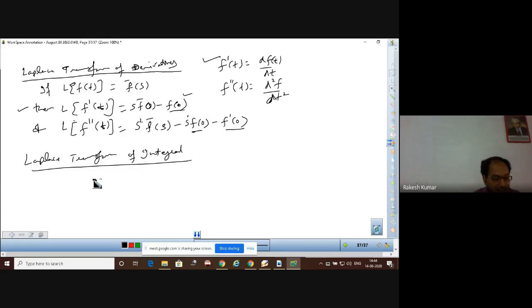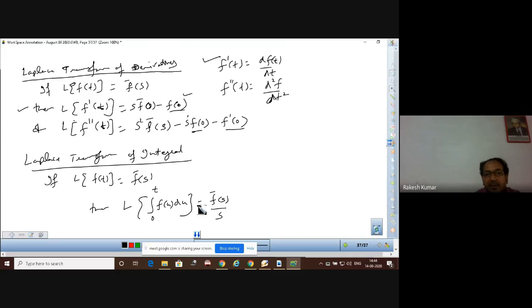If Laplace of f of t is equal to f bar s, then Laplace of integral of f of u du, with limits 0 to t, is f bar s upon s. It means you will divide this f bar s by s. This is very simple.